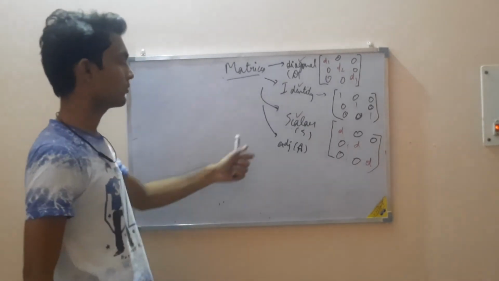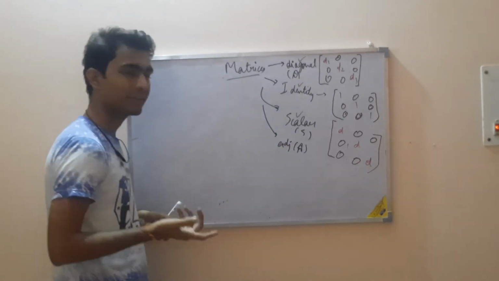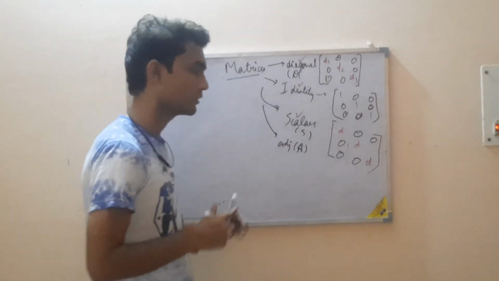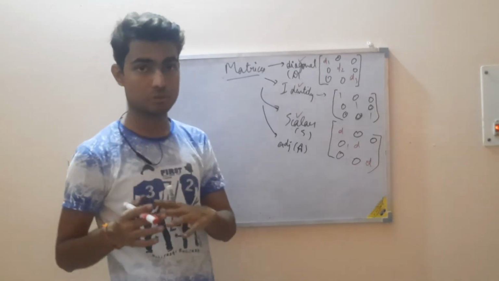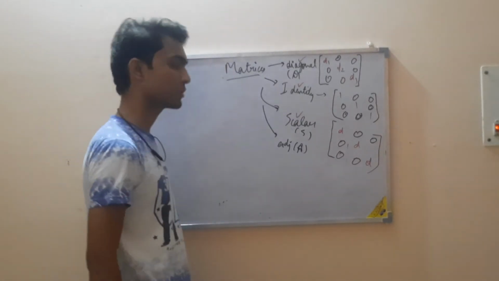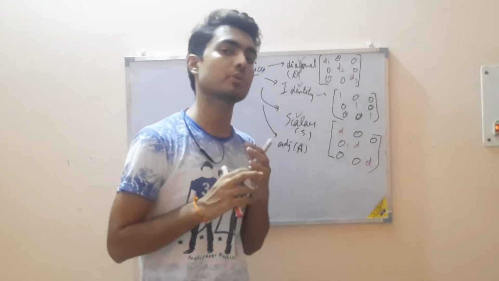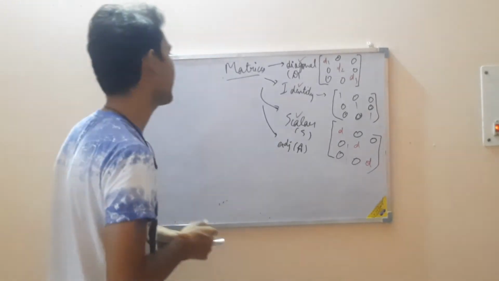Okay, and matrices are of two types. Matrices have two types also. On the basis of the transpose of a matrix, we classify every matrix into two categories.